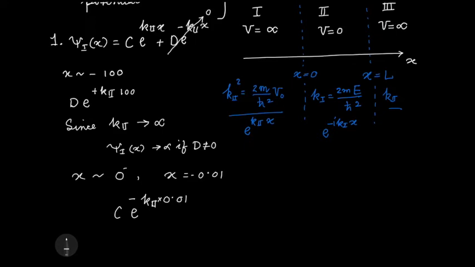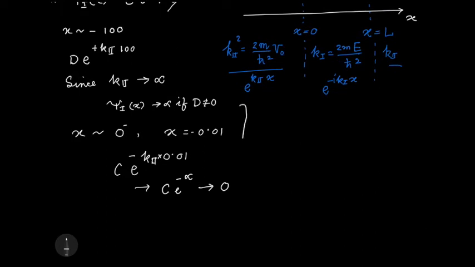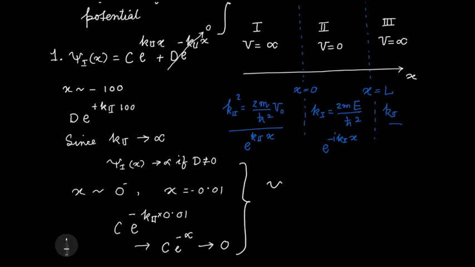So I still get C e to the power minus infinity, which is essentially 0. So all this implies that D has to be 0, and the other term is essentially 0. So psi1x equals 0, for x from minus infinity to 0.